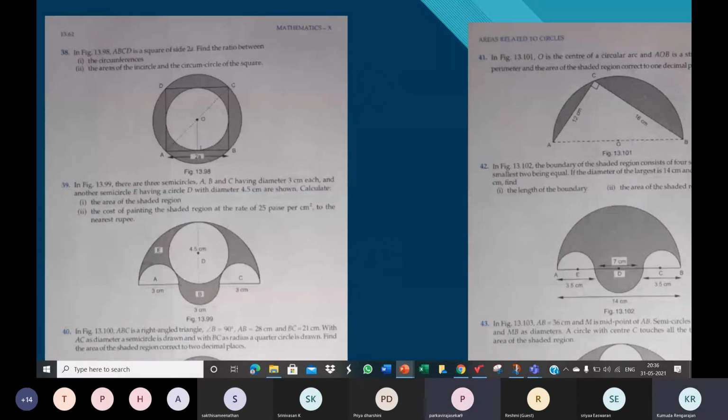Very good. How did we find capital R? We found the diameter first. You found AC?